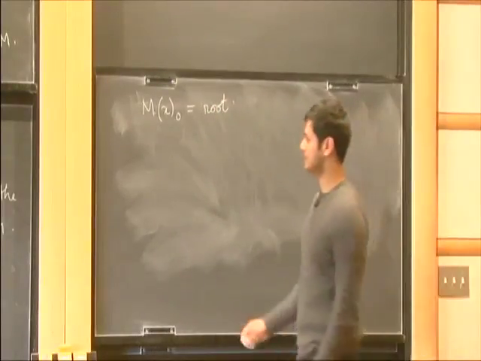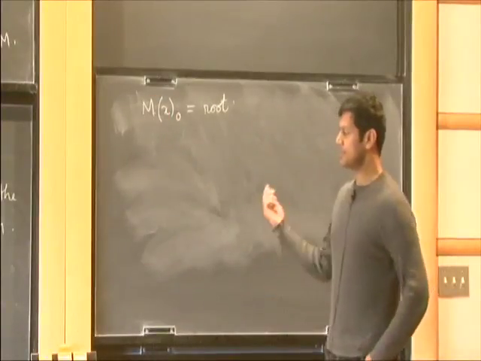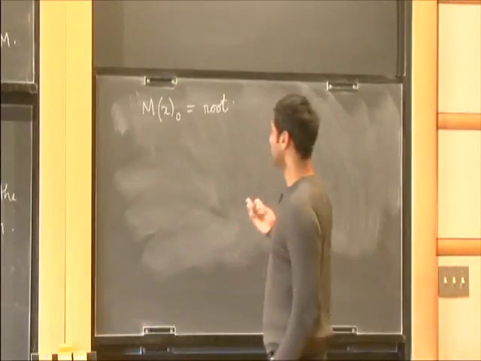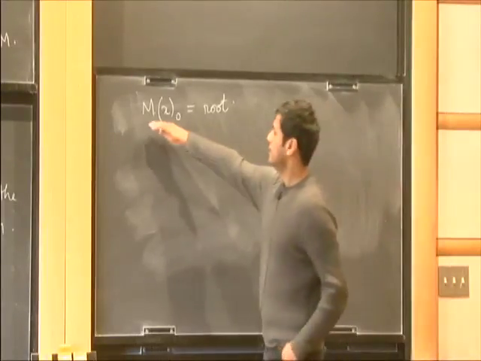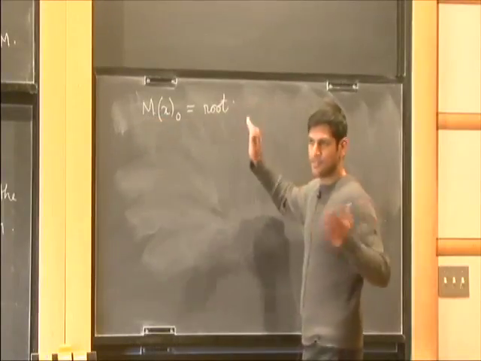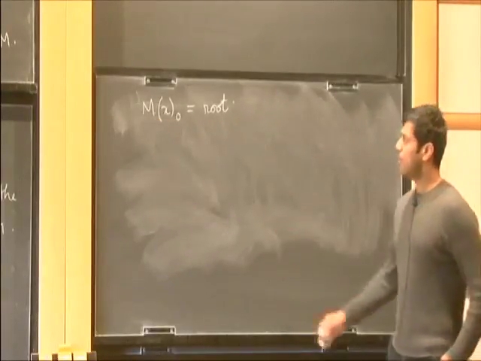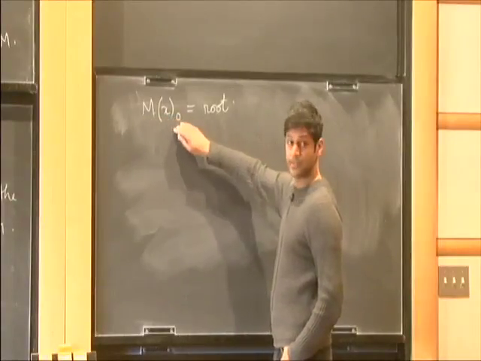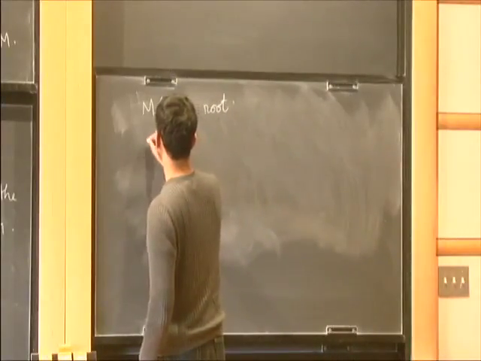So if you'd like to look at the number of queries that any algorithm makes, then it suffices to look at how many queries the algorithm makes to variables that are descendants of the root, right? That's just the definition. But we're going to extend this definition to all the internal nodes that also lie on m of x. Let me introduce some more notation.